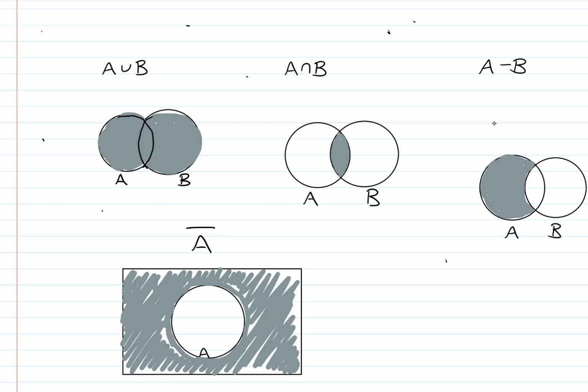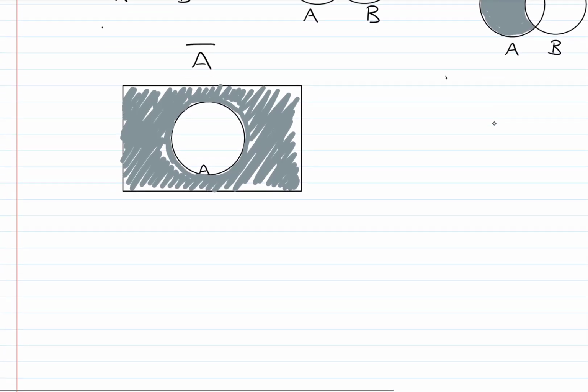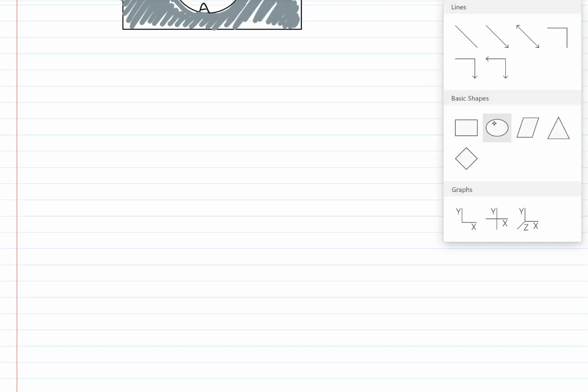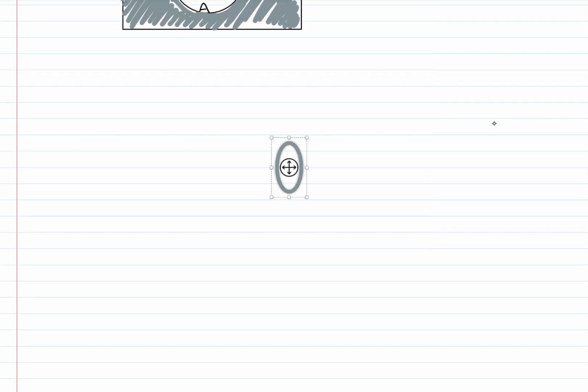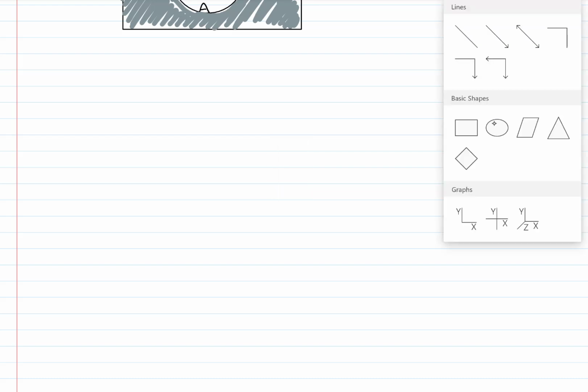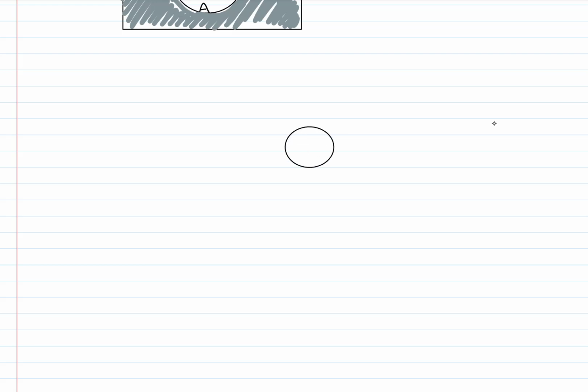Now, let's try it with 3 different sets. Let's say A, B, and C, and let's graph some different unions and intersections and complements and things. So that'll be one of the sets.